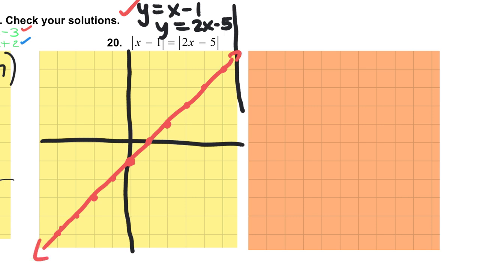That is my first line. My second line is a y-intercept of -5, 1, 2, 3, 4, 5, and a positive slope of 2 over 1, 2 over 1, 2 over 1.